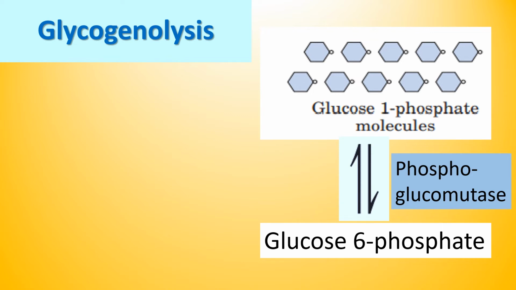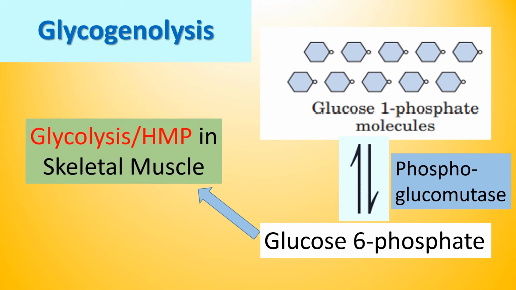This glucose 6-phosphate formed as a result of glycogenolysis can be used for the production of glucose or energy. In skeletal muscle, it can enter glycolysis for the production of energy, particularly when muscles are contracting and need energy, and it can also be utilized through the hexose monophosphate shunt.